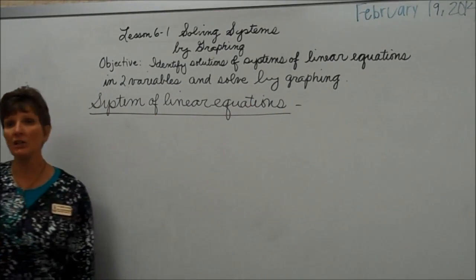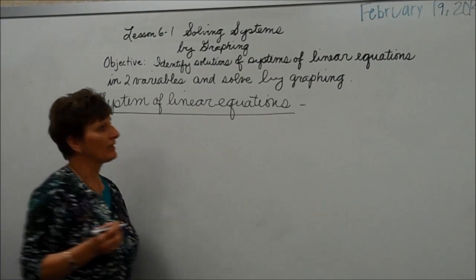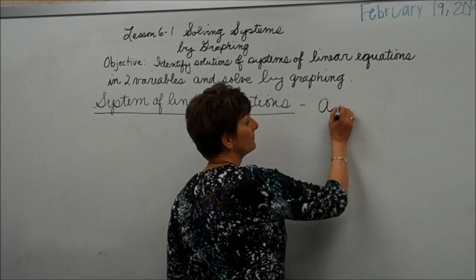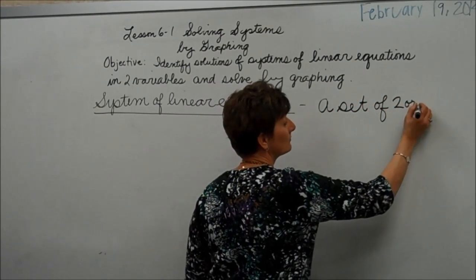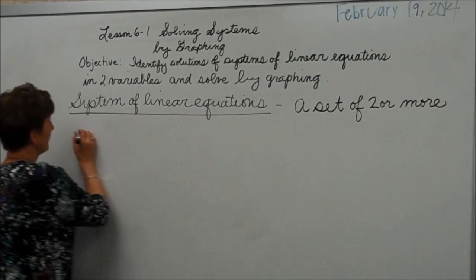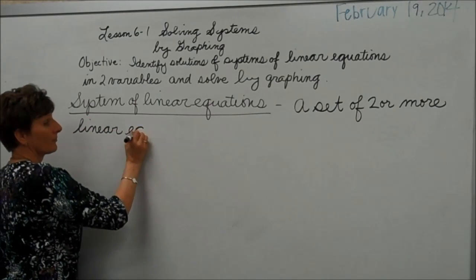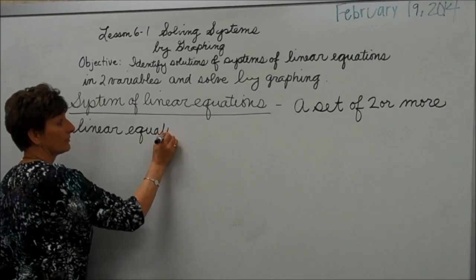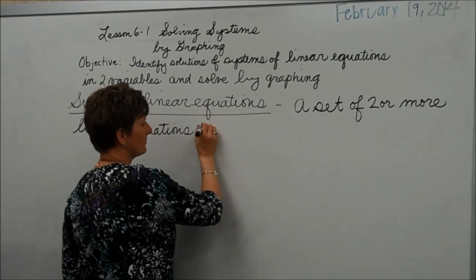A system of linear equations is simply a set of two or more linear equations that has two or more variables.